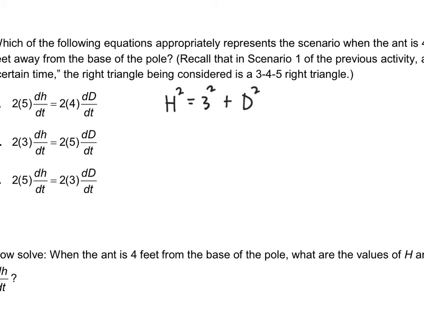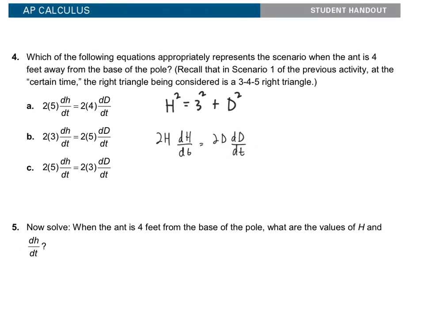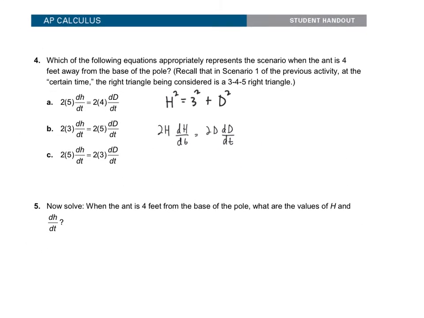When we take the derivative, 2h dh dt equals 0 plus 2d dd dt. Okay, you could cancel those 2's out, but it doesn't matter. All right, and then which equation represents that?